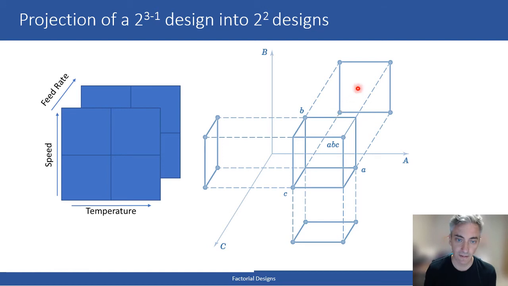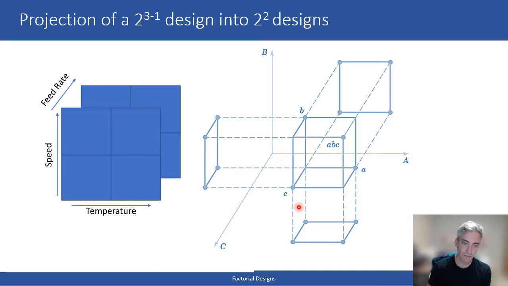And if I look at the diagonal, I see the interaction between temperature and speed. And the last combination is temperature and feed. Temperature on the horizontal, I can understand the effect of temperature, whether it's significantly impacting the design or not. And I can also see the impact of feed. And if I look at the diagonal, I can see the interaction between feed and temperature.